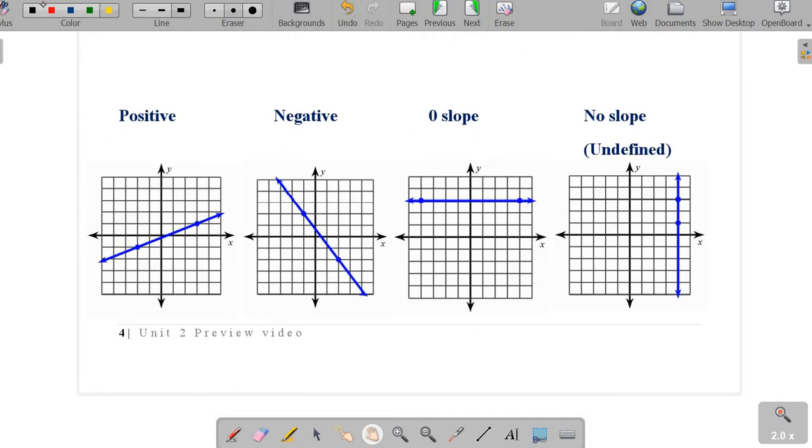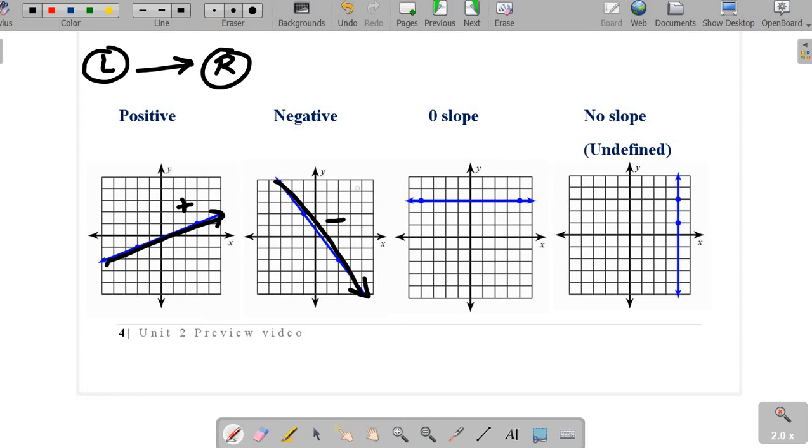We read graphs from left to right. So when a line tilts upward from left to right, that is a positive slope. Downward from left to right is a negative slope.